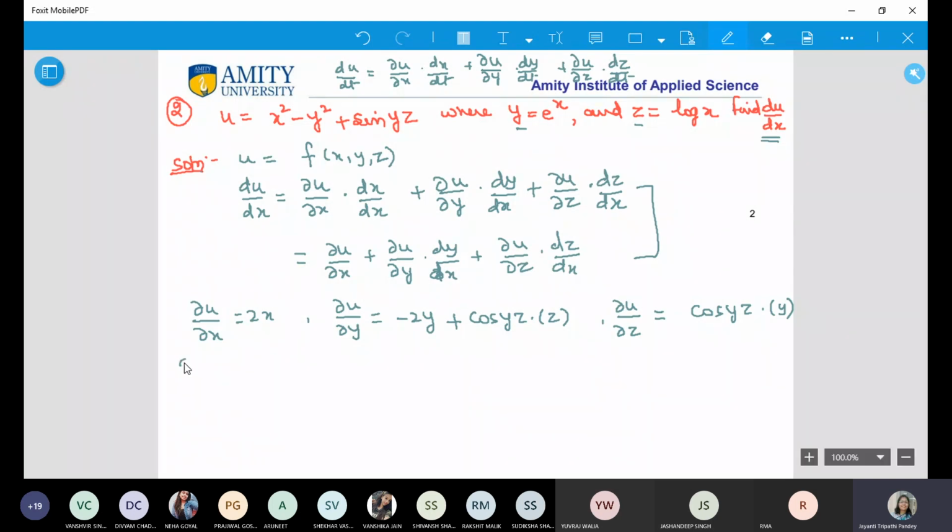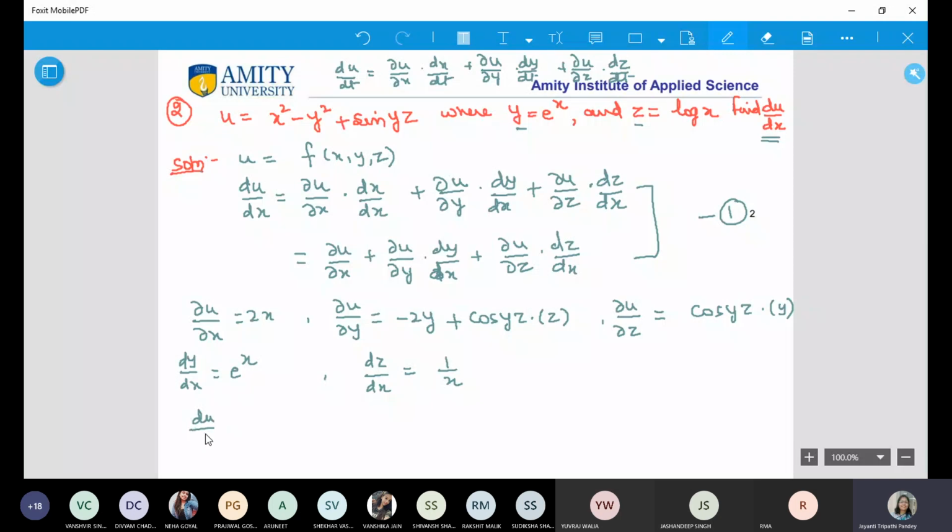We need to know what is dy by dx. So what is dy by dx? It is e^x, right? Then dz by dx also we need to know. So dz by dx is 1 by x. Now substitute these values in equation 1.